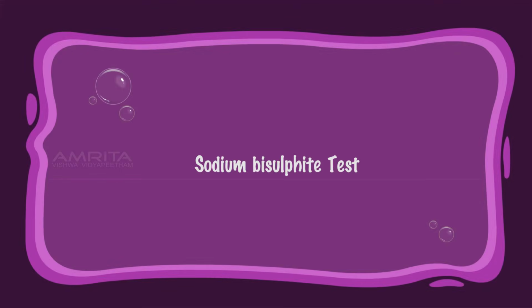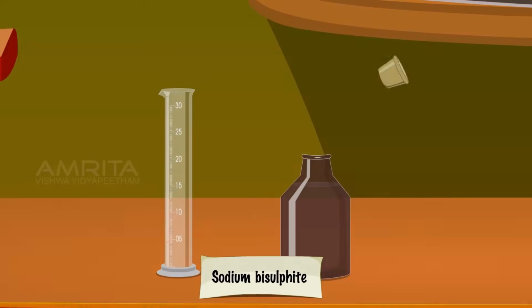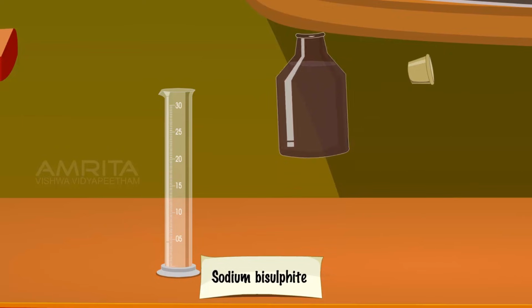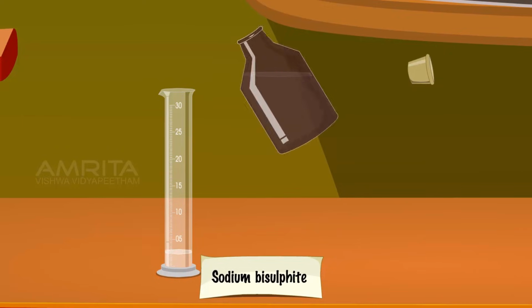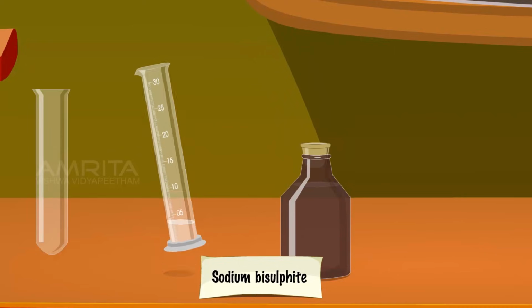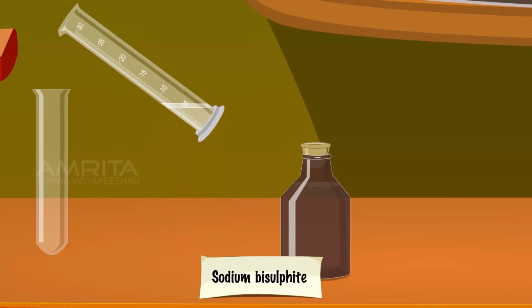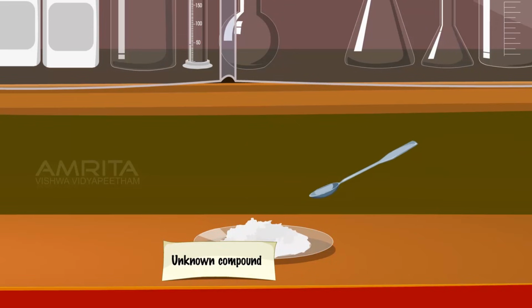Sodium bisulfite test. Procedure. Take 2 ml of sodium bisulfite in a measuring jar. Pour it into a dry test tube. Add some unknown compound to it with a spatula.